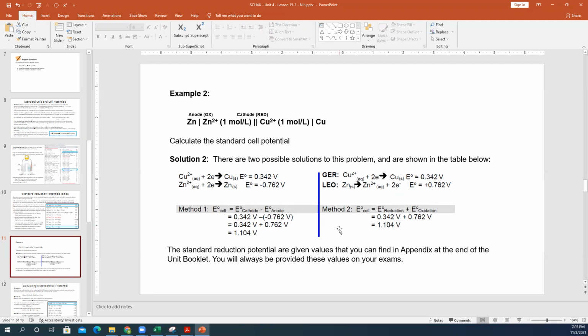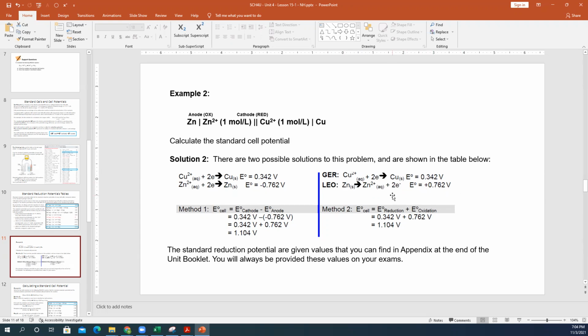Or you can think of it the other way. You take the reaction happening at your anode, and it's actually an oxidation reaction. But in the table, by convention, they're all written as reduction reactions. So you rewrite it by turning it around and writing it as the oxidation reaction that it actually is, zinc oxidizing to zinc 2+ and 2 electrons.